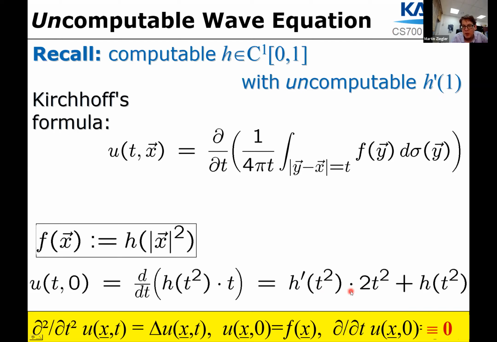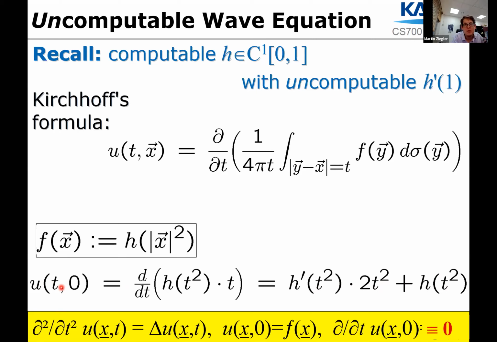Multiplying an uncomputable real number with 2 is still an uncomputable real number, plus adding h of 1, which is a computable number, right? This is without derivative. So solving that for h prime of 1 means h prime of 1 is this expression minus this expression divided by 2, and that by construction is an uncomputable real number, which requires that also this number must have been uncomputable, which is exactly what we wanted to say.